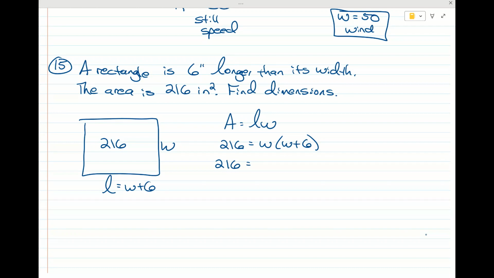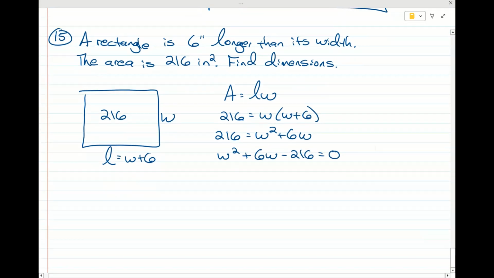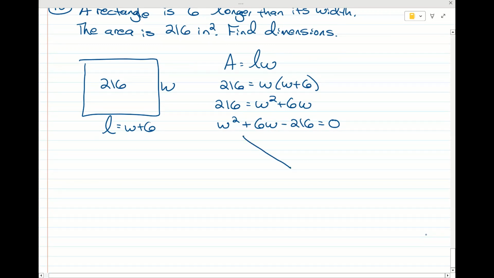So if we distribute this, and then we want to solve this equation, so we can go ahead and make it equal to 0. When we go to factor this now, we need numbers that multiply to negative 216 and add up to 6.